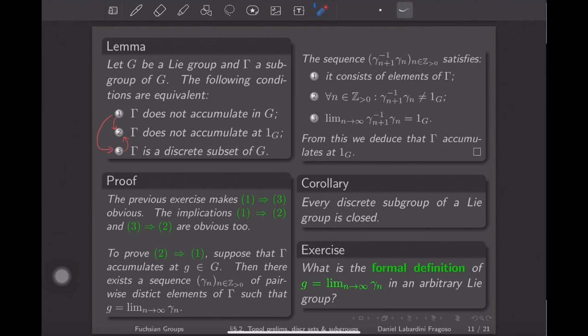And you see, somehow the point is, if this one accumulates, let's say in G, what comes to my mind is to multiply by some inverses.